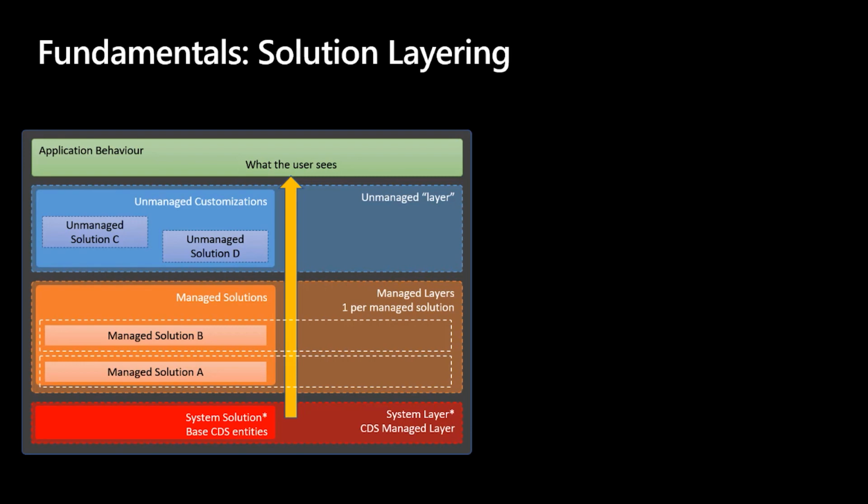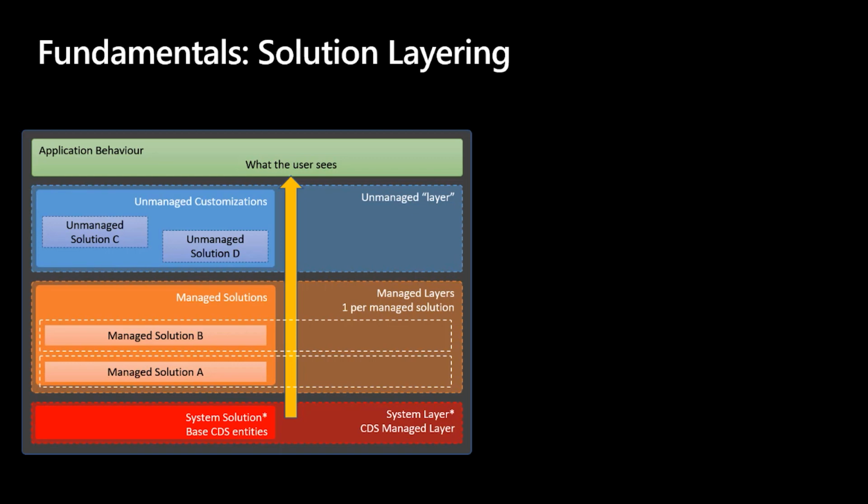The solution system in CDS supports layering, and it's very important for you to understand what the runtime behavior would be for any particular component. Here's a diagram of various solutions that could be in play in your system. At the base there are system solutions that Microsoft would ship in the out-of-the-box experience, which would include things like your standard entities like the contact entity or the account entity.